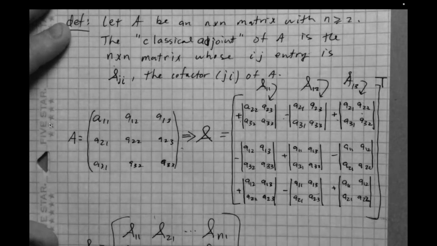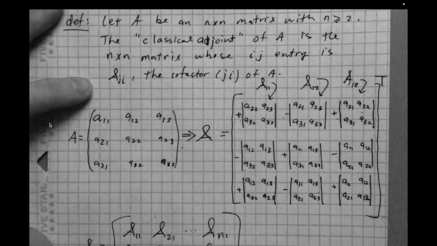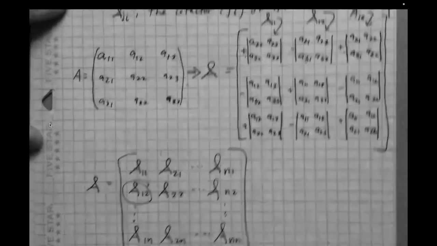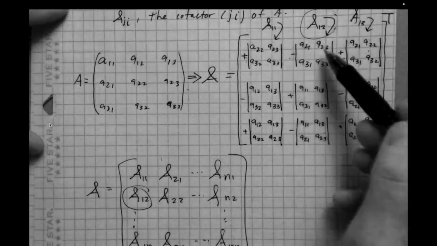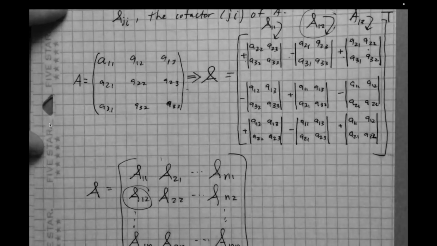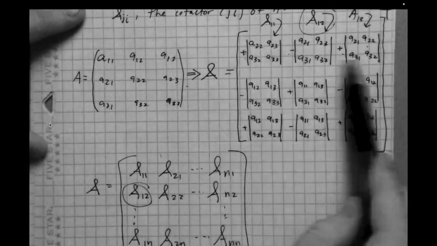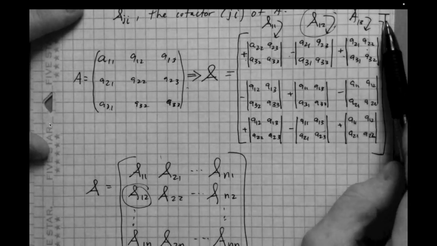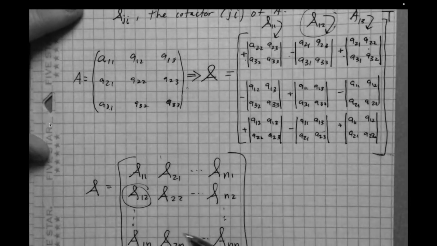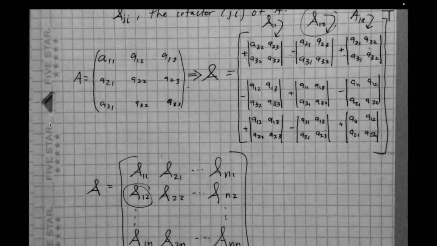Okay, right, so here's your 1, 2 entry. Let me bring that up a little bit. But you can see that when we calculate it in the normal way and then transpose the results, it's easier to calculate it this way first and then transpose it to get the true adjoint. Hopefully that makes sense. Let's do an example.